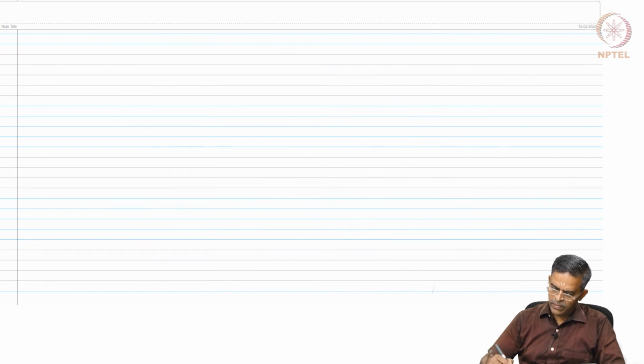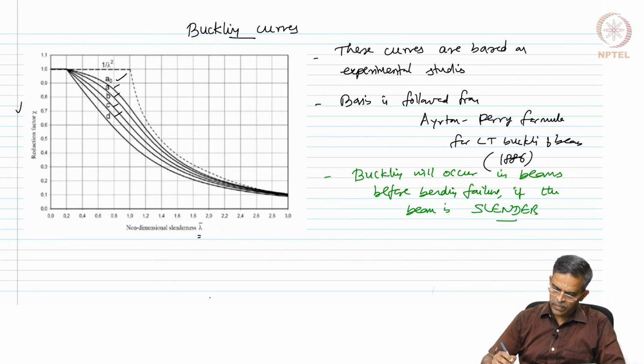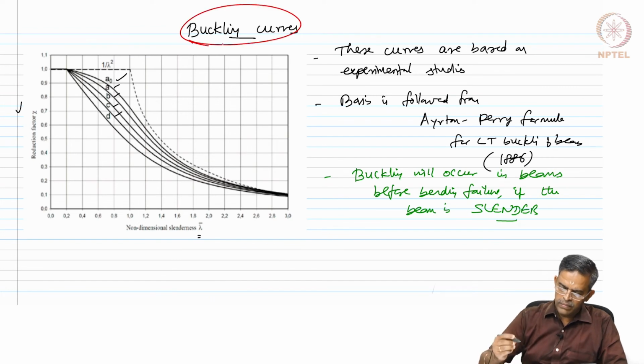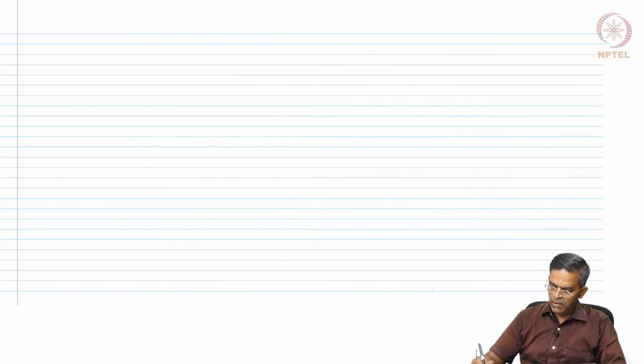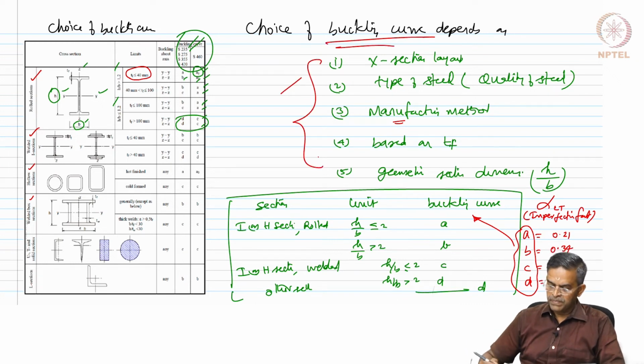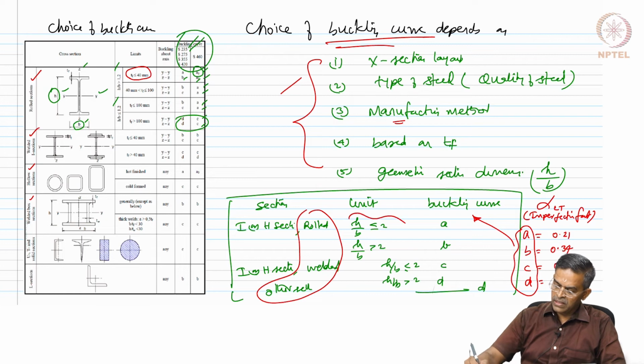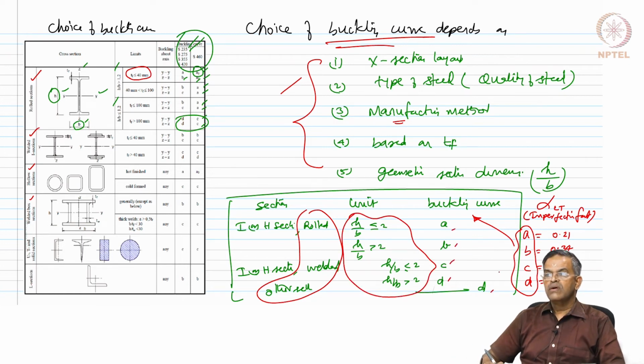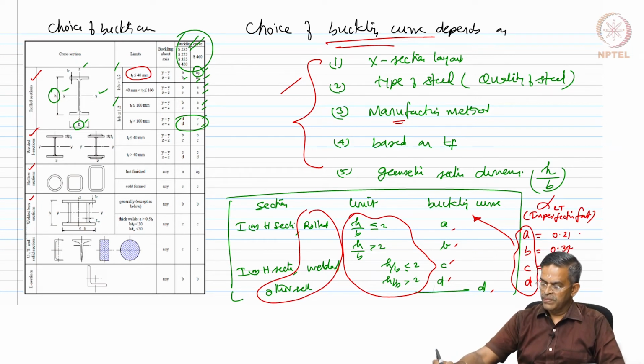This is the curve what we have, and this is a table recommended by the code, and the buckling curve depends on various parameters, and depending upon the type of manufacturing and the section limitations, we have recommended certain curves by the code whose imperfection factor is also given.